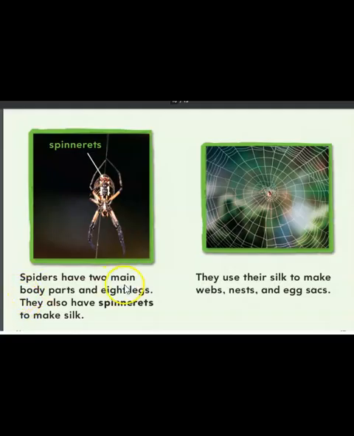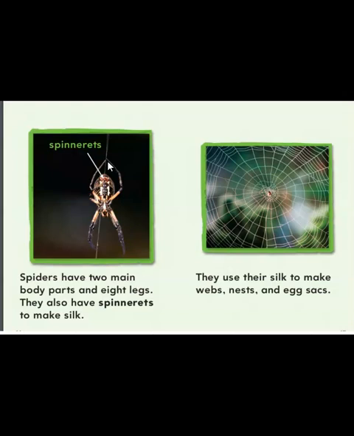Spiders have 2 main body parts and 8 legs. They also have spinnerets to make silk. I'm noticing in this photograph that they have the label spinnerets to help us know what they're referring to when they say spiders also have spinnerets to make silk.